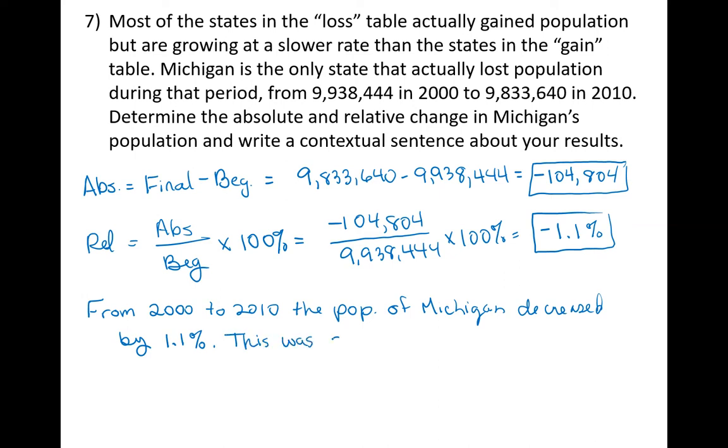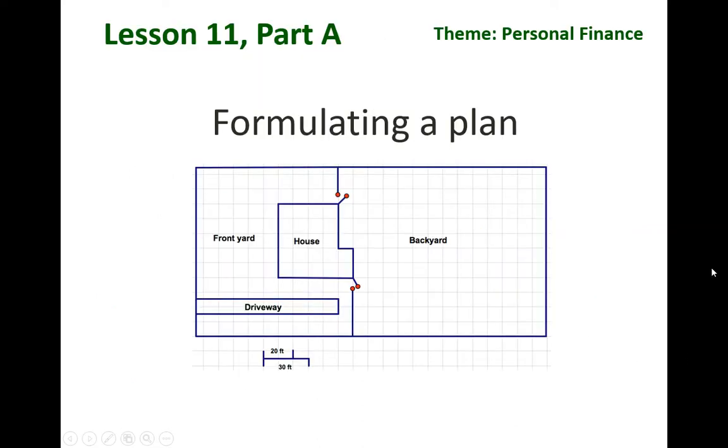This was an actual decline in population of 104,804 people. So I actually wrote two sentences, one about the relative change and one about the absolute change.